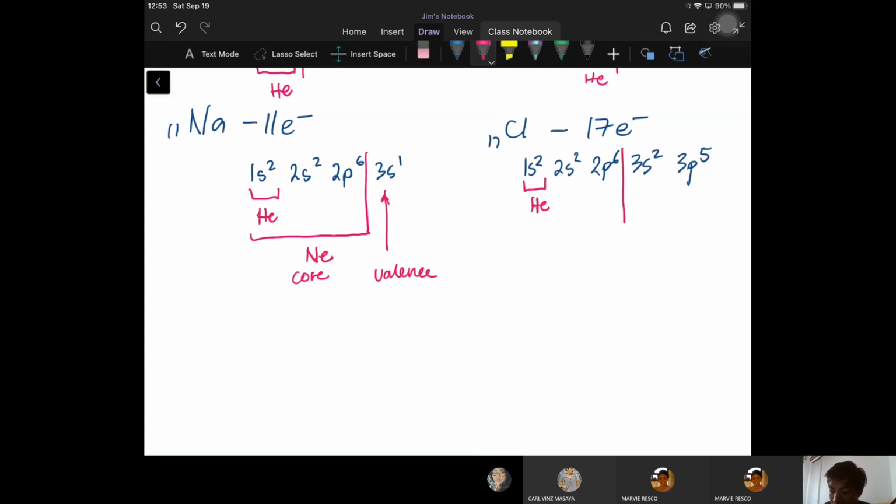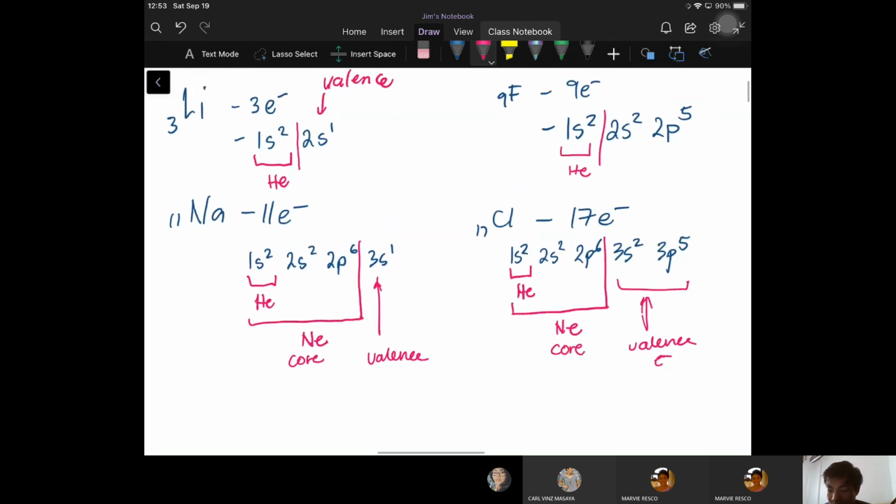That means this part corresponds to neon naman. Ano yung sumunod na noble gas? Argon, di ba? 18 electrons yon. Hindi, 17 lang to. So hindi tayo aabot ng argon. Hanggang neon lang tayo. So our core electron here is neon, and ito yung ating valence electrons.